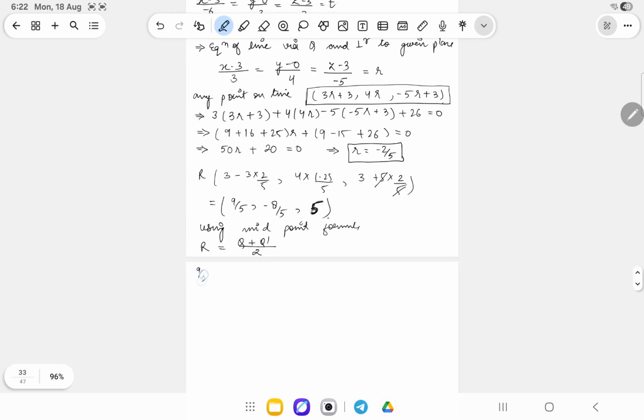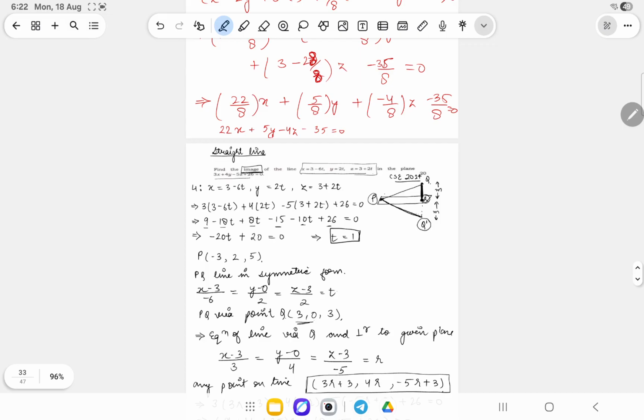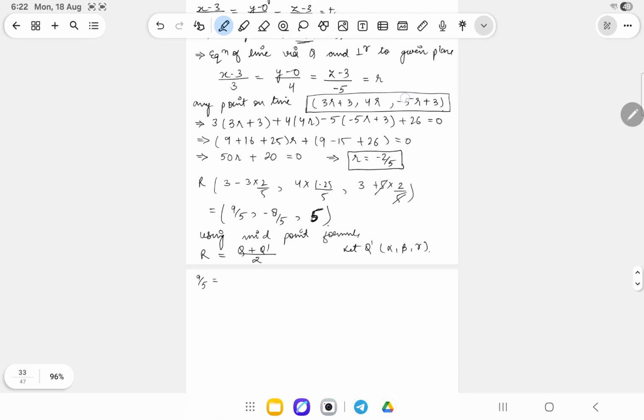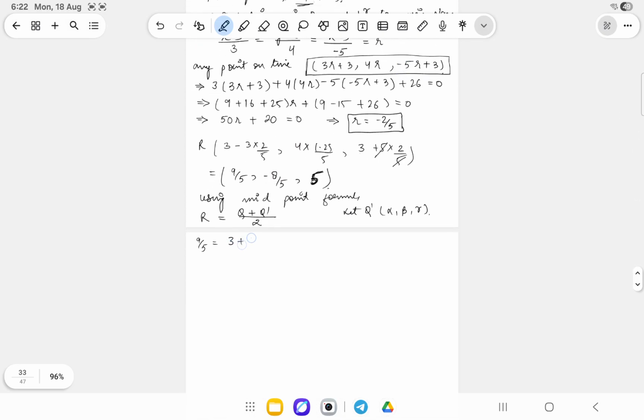So 9 by 5 equals, let q dash be alpha, beta, gamma, be my q dash. And q is my point, q is (3, 0, 3). So 3 plus alpha by 2, likewise minus 8 by 5 equals 0 plus beta by 2, and 5 equals gamma plus 3 by 2.